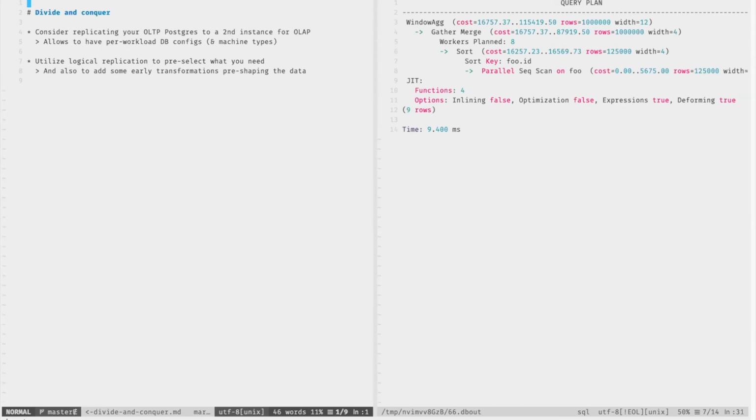You could even apply early transformations, which then pre-shapes your data, maybe even combines tables together. So for going from a normalized schema to a denormalized one, and possibly making your life a bit easier. So this is a really cool thing, and hardware these days is rather cheap. So this is possibly a very good go-to variant.